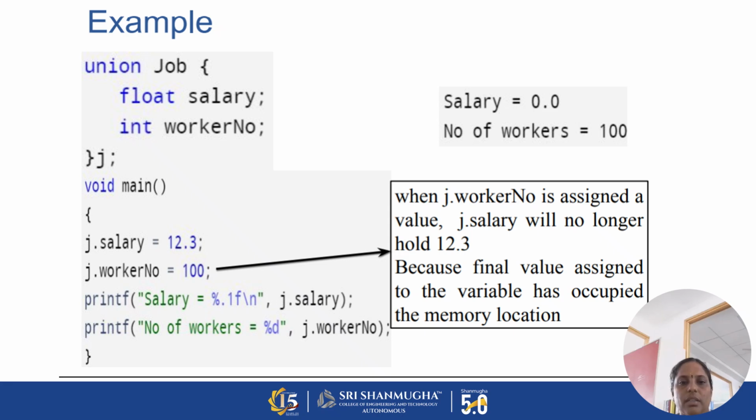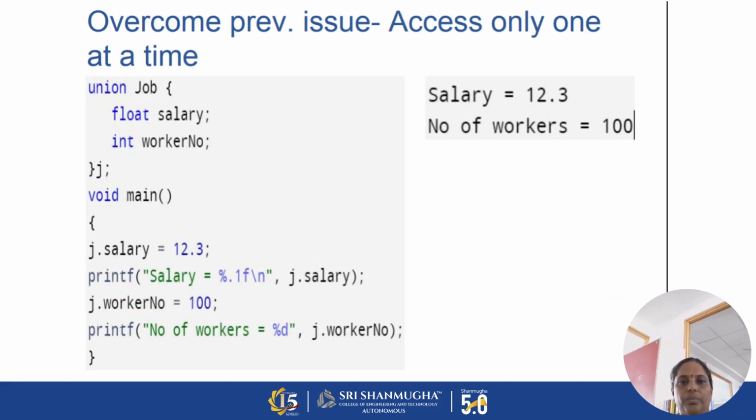The value is 100 because the currently active member is j.worker number instead of j.salary. We assigned 12.3 to the salary, but later we assigned 100 to the worker number. So worker number is currently active. So the output of the worker number is given, whereas for the salary it is 0.